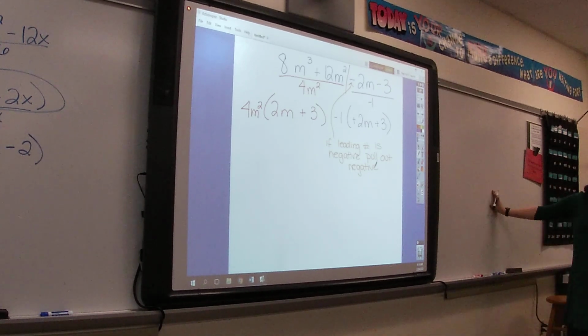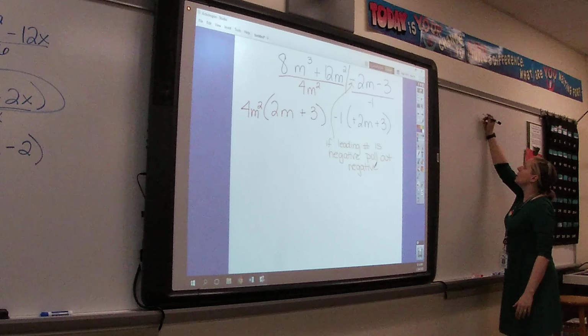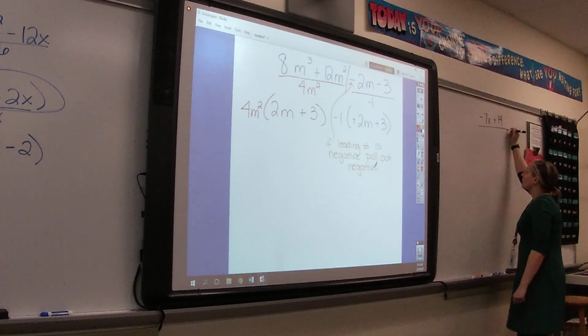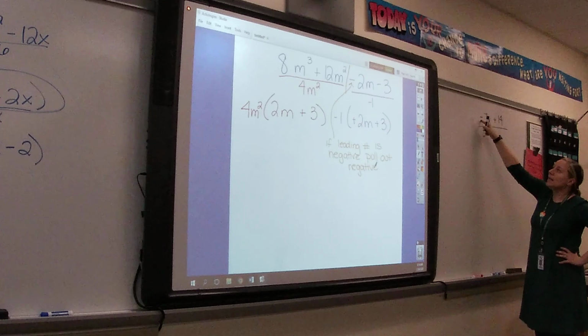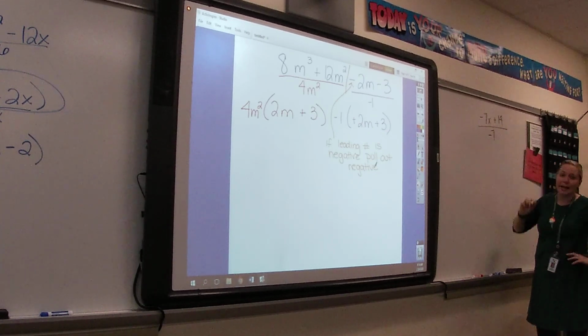For those of you who haven't had me before, whenever I write on the whiteboard over here, that means you don't need to write it down in your notes. I just want to make sure you're visually understanding my words. So if I had something like this, what goes into 7 that also goes into 14? 7, but the leading one is negative, so what should I do with my GCF? Make it negative.